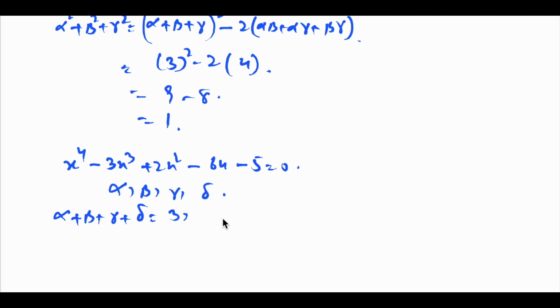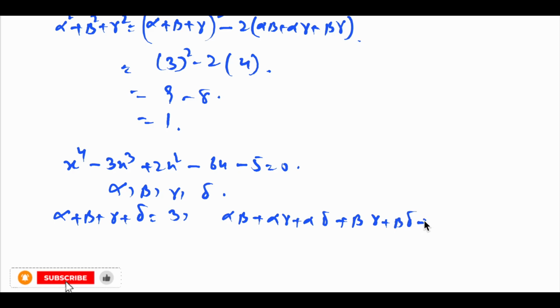And then I have the sum of roots taken 2 at a time, alpha beta plus alpha gamma plus alpha delta, then beta gamma plus beta delta, then plus gamma delta, is equal to c over a, it's 2. Only for a square this is needed.